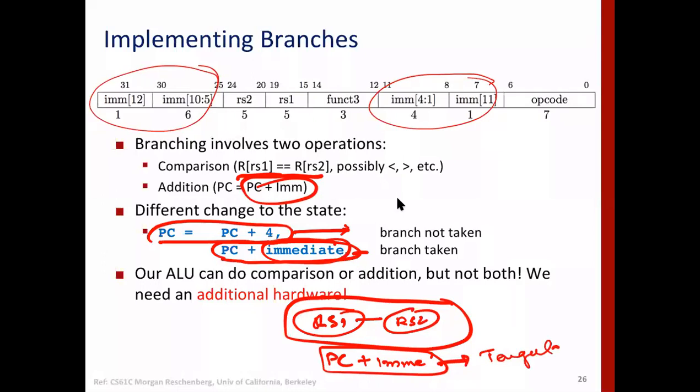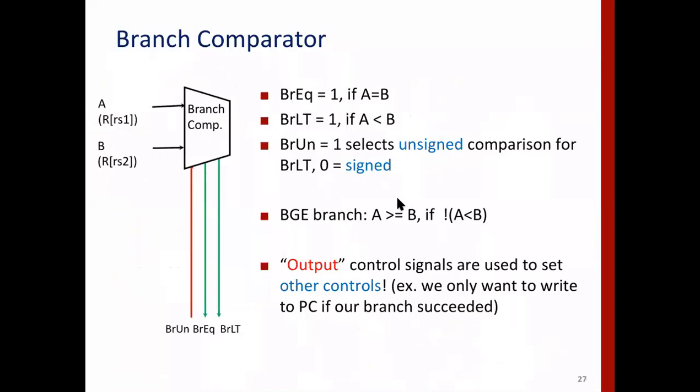Now we can't do both, because the ALU can be used only once, so we add a comparator here. This is extra hardware we use. It has one input, the red color line, which says whether it is an unsigned comparator or signed comparator, and it has two outputs, branch on equal to and branch on less than.